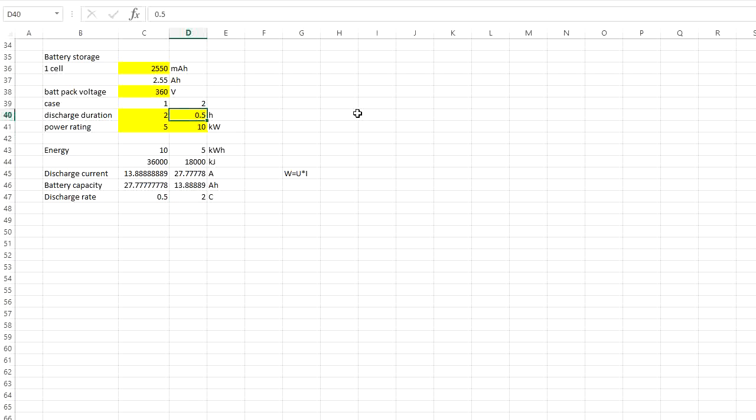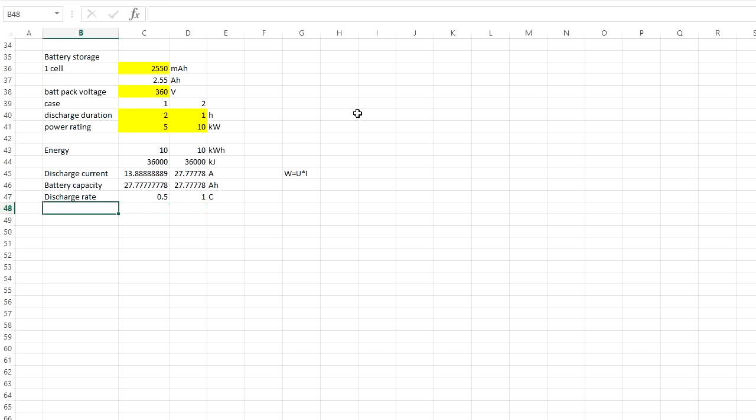So what we can actually do, we will say that the battery pack will provide double the storage period, from half hour to 1 hour, and we are at the 1C. And we can see that actually in this case we have the same required capacity of the battery.